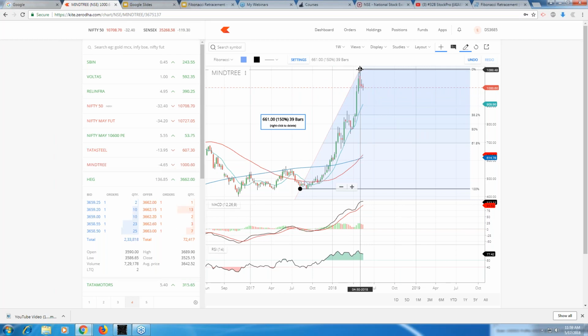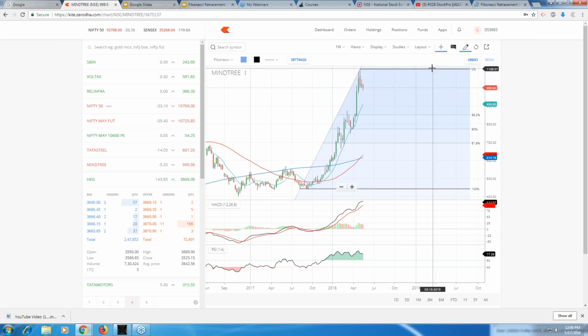So 1099 minus the value at the bottom, 441, you multiply this by 23.6%. It is about 155 points below this particular value.